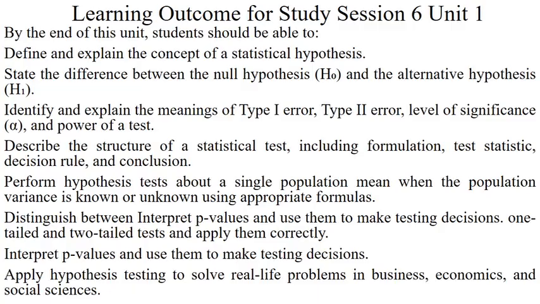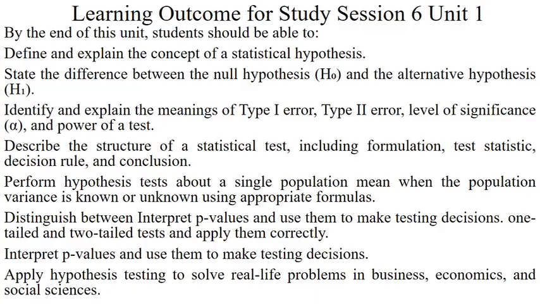Perform hypothesis tests about a single population mean when the population variance is known or unknown using the appropriate formula. We know the other time when we were talking about estimation, we said that we use t-test when the population variance is unknown, and we use standard normal when the population variance is known or when our n, which is our sample, is greater than 30.